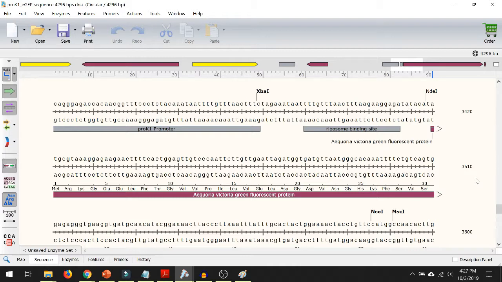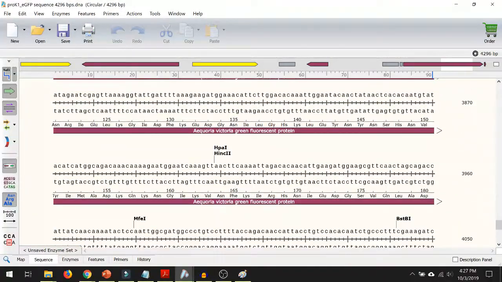But generally, when you are making a plasmid, when you're trying to express a protein or a gene that you have, you're going to start each protein with the methionine. You're going to use the start codon ATG. You're going to make the methionine, and that will start the amino acid linkage together to form your protein.